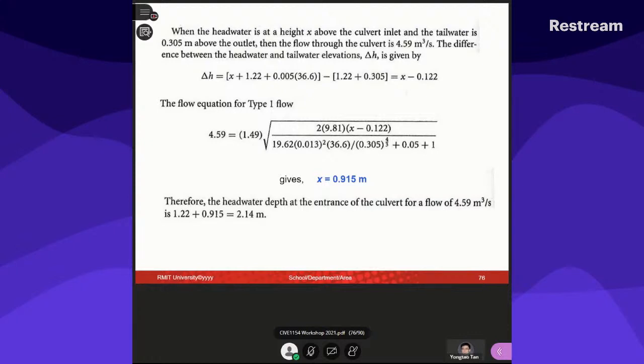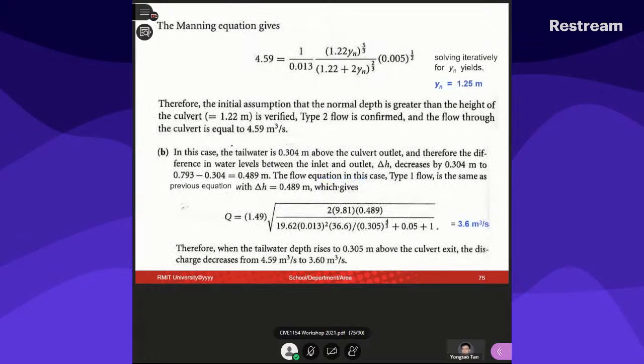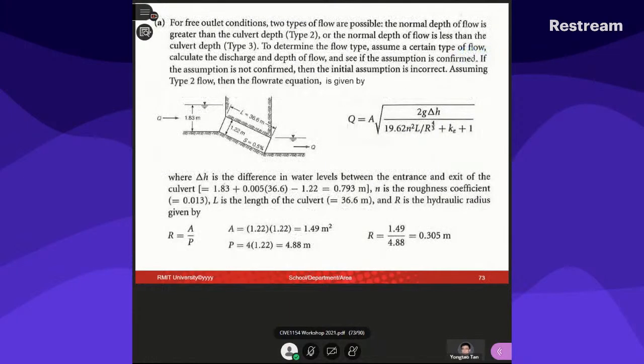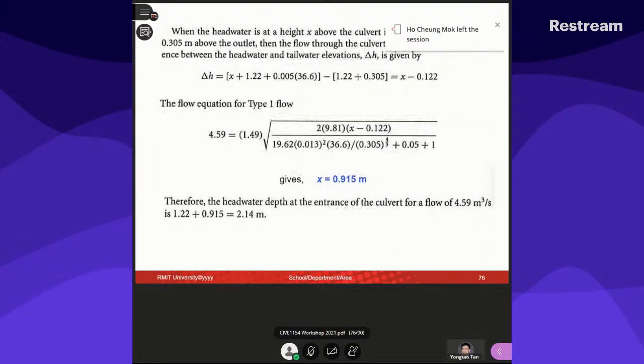So if the head water depth at the entrance is 2.14 meters, originally the head water is 1.83, then the discharge rate will stay the same, 4.59 cubic meters per second.